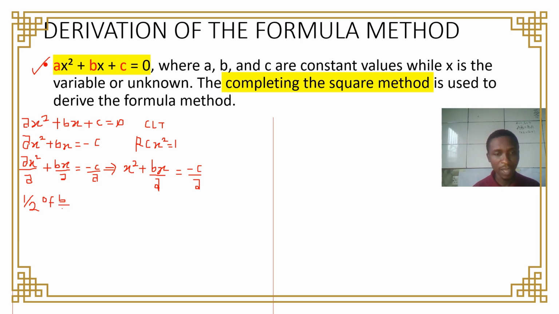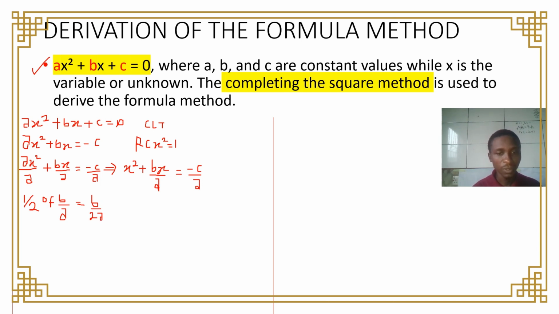Half of b over a should give us b over 2a. So what are we doing with this? We are squaring it and adding it to both sides.